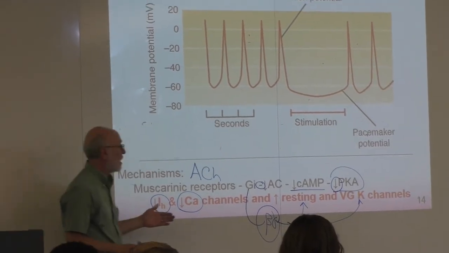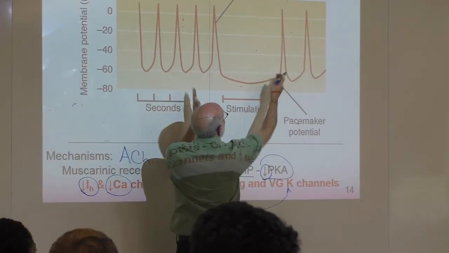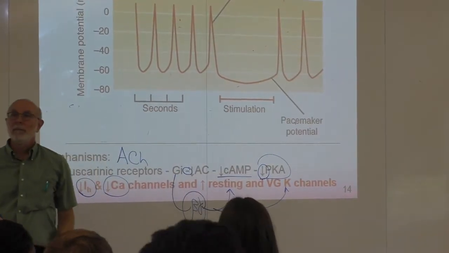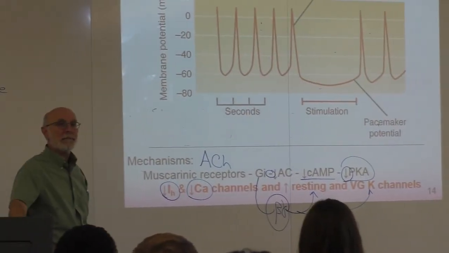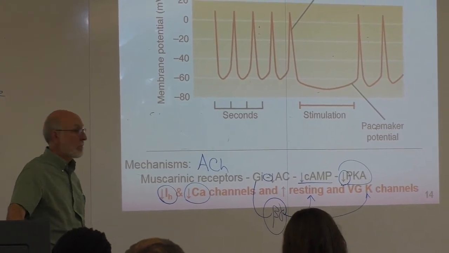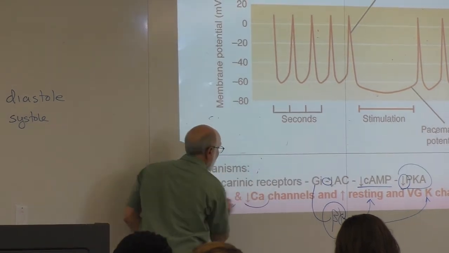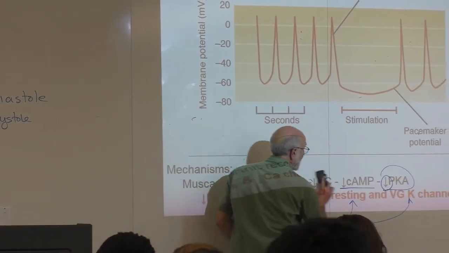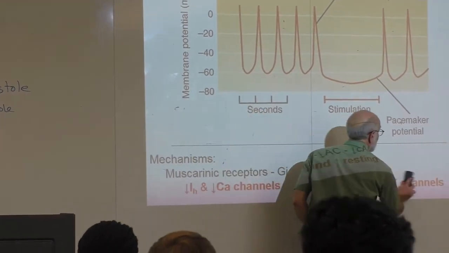But the point is, now we increase K channels, and so we're increasing the time between heartbeats. Increasing time between heartbeats is equivalent to slowing the heart rate. Okay, and those are the two key control mechanisms of the heart rate.